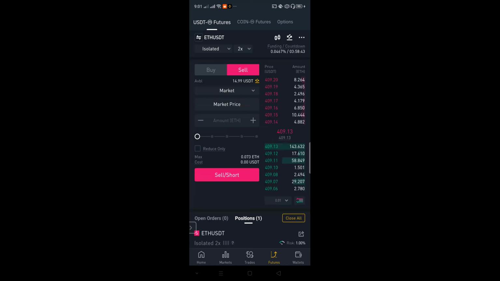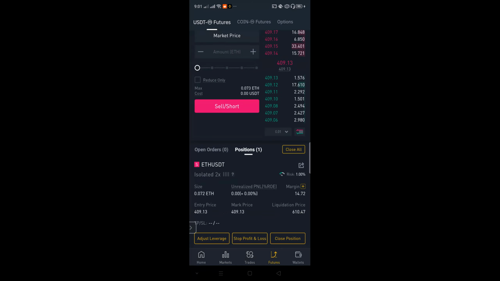So we are already in this short, and this short is giving us some profit already. This is our entry, 0.409.13 cents.